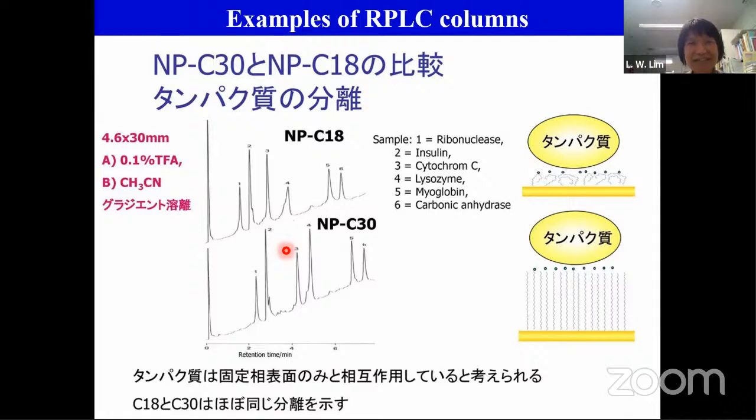When you have more hydrophobic compounds like this, sometimes you will cause the tailing or the peak fronting. So in this case, you have to wash your column to wash out the hydrophobic compounds. You have to use a strong solvent. I hope this will solve your questions.